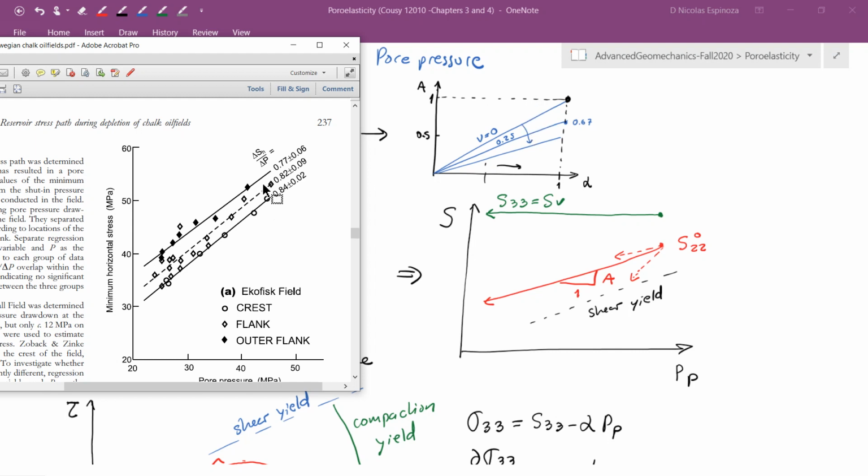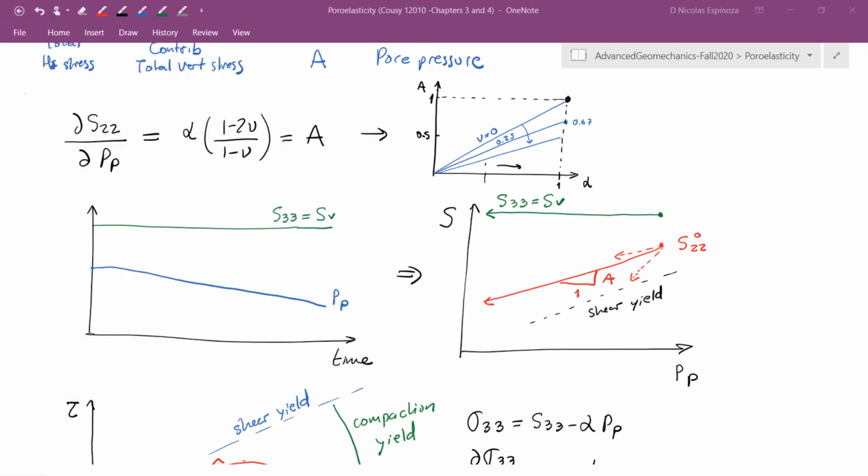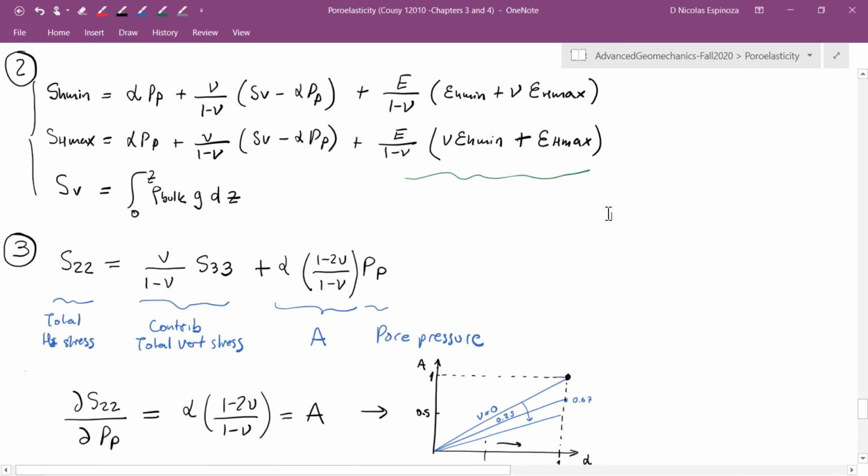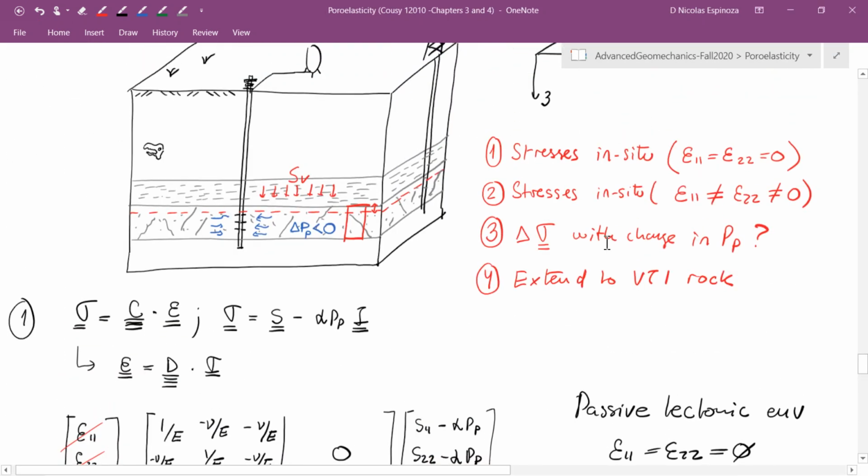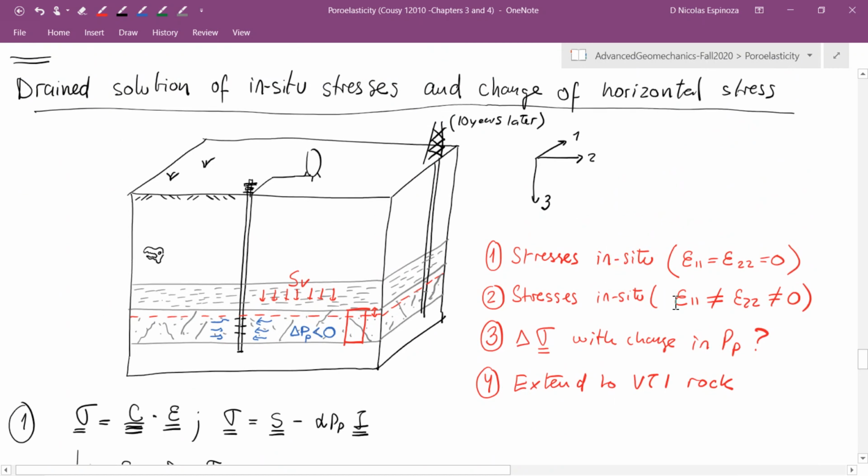What is measured in the field is more or less a value that goes from 0.77 to 0.84. But again, this is just a proof that this actually happens in the field. Okay, so we have answered question number 1, state of stress in situ for a passive environment.